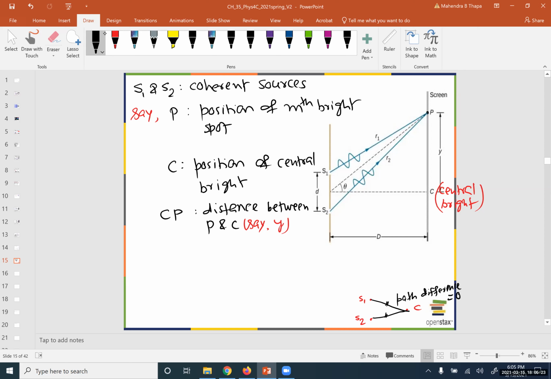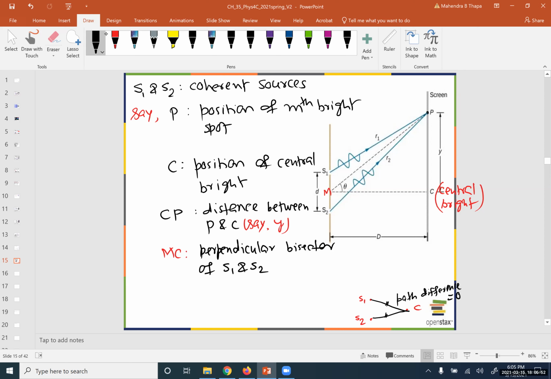Okay, and let's define some more terms. Say this point is M. So MC is the perpendicular bisector of S1 and S2.